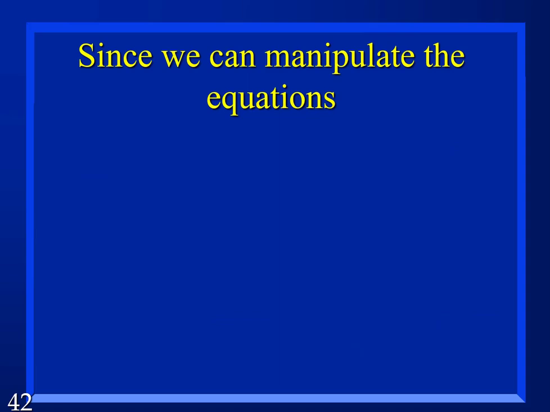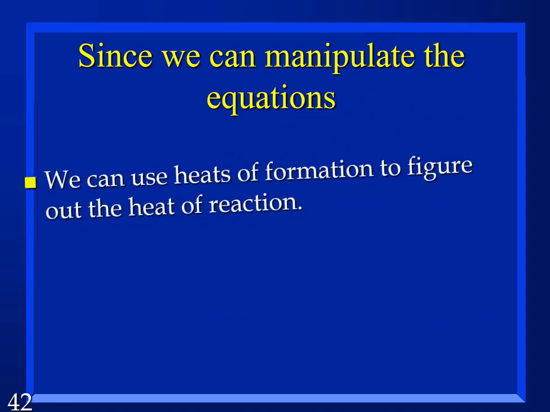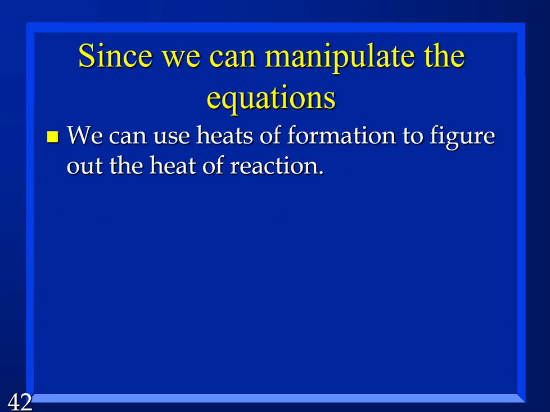We can use the heats of formation to figure out the heat of any reaction as long as I know all the heats of formation. Because I can always write a series of equations that'll have all the pieces I need. And the pieces I don't need will always cancel out.